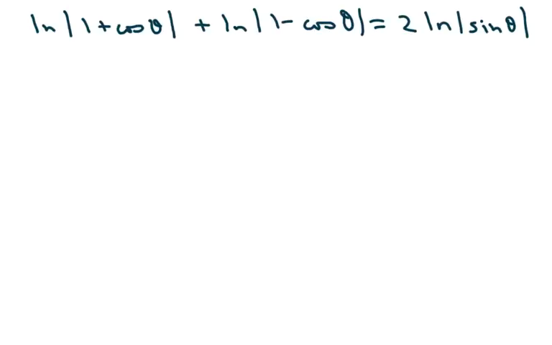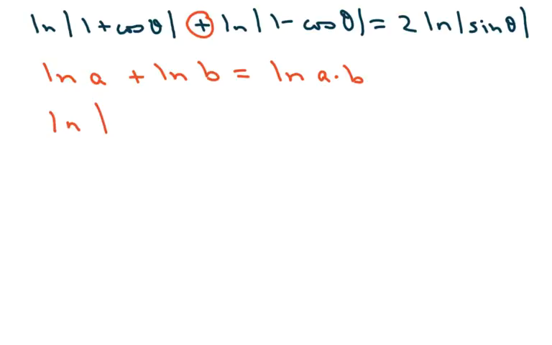And this one, we're going to condense this. So what I'm going to do is write this as, we know that ln of a plus ln of b equals ln of a times b. So I'm going to put those together, and I get 1 plus cosine of theta times 1 minus cosine of theta.